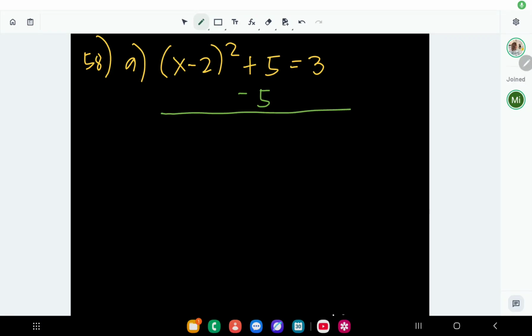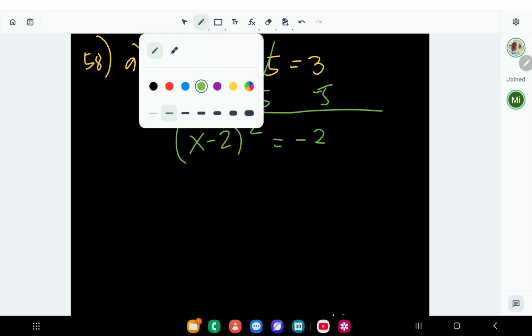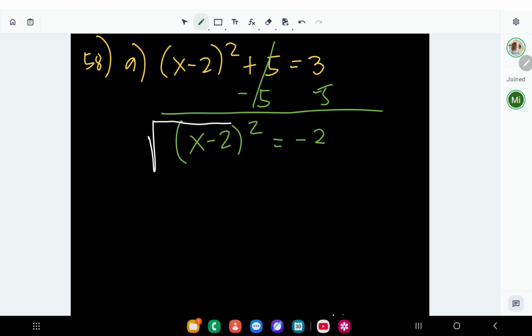So we subtract 5 from both sides. Negative 2, right? And then we get the square root. I think this is the start of complex numbers.